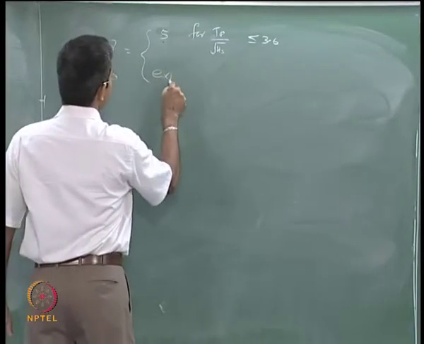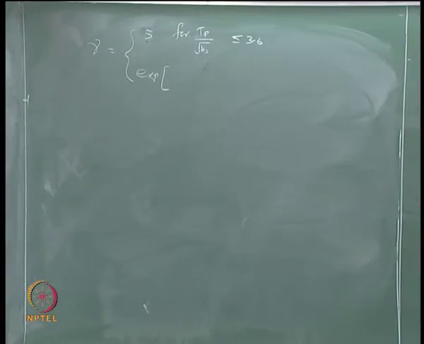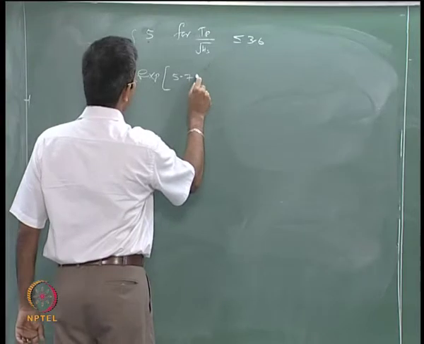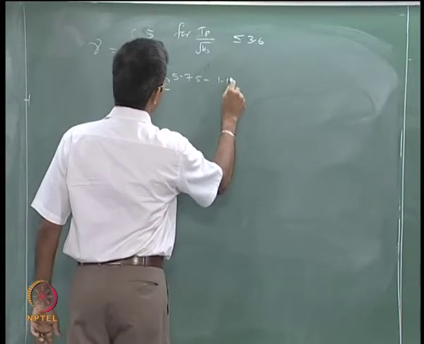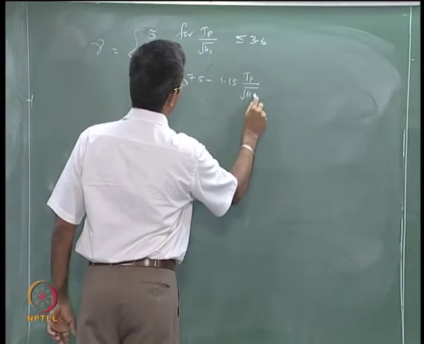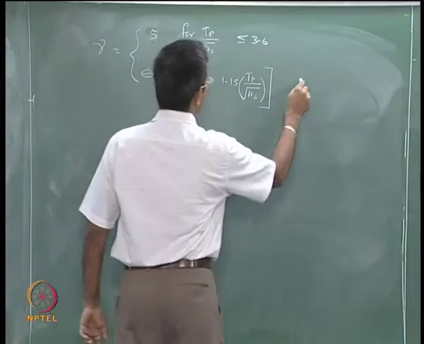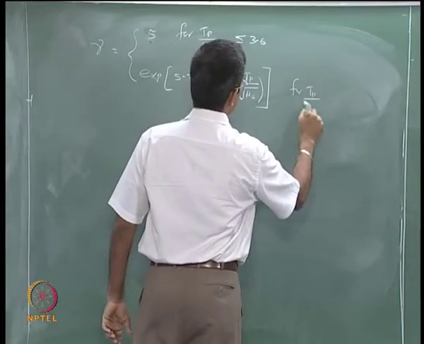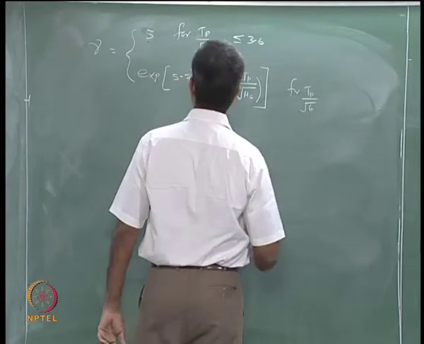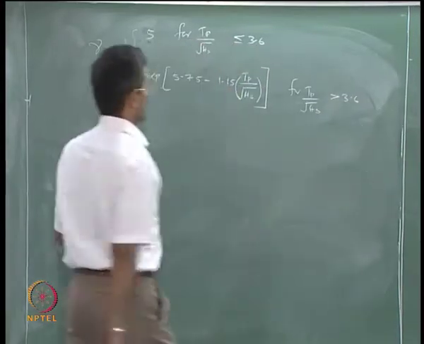Otherwise, the exponential value applies for Tp by root Hs greater than 3.6.